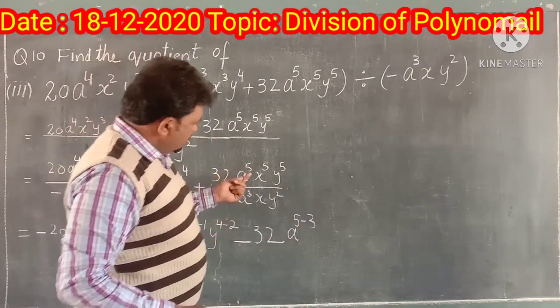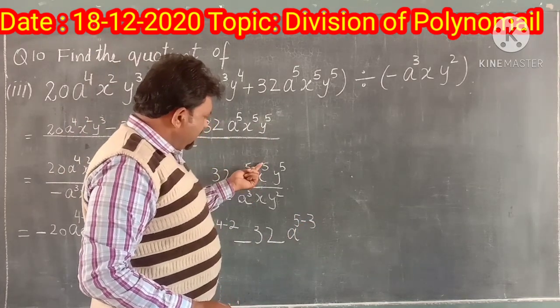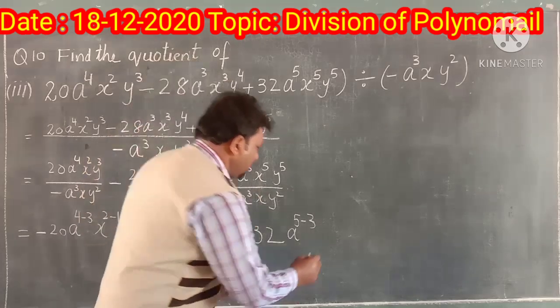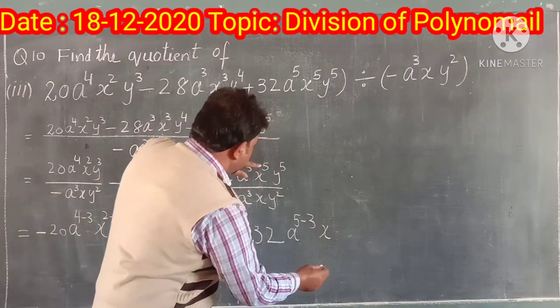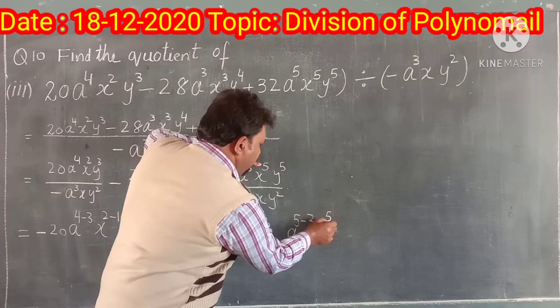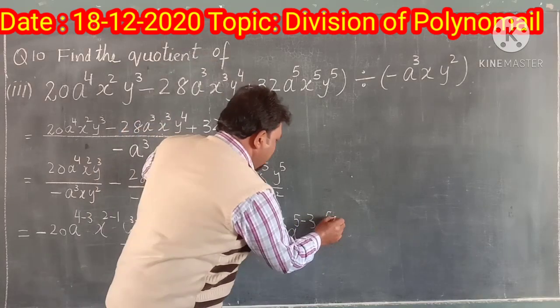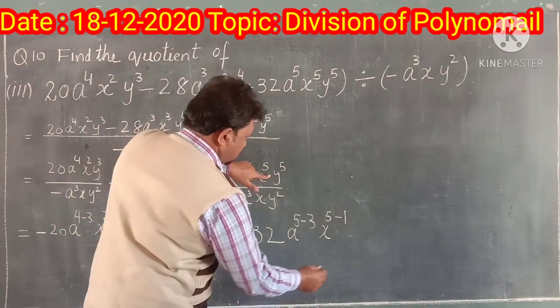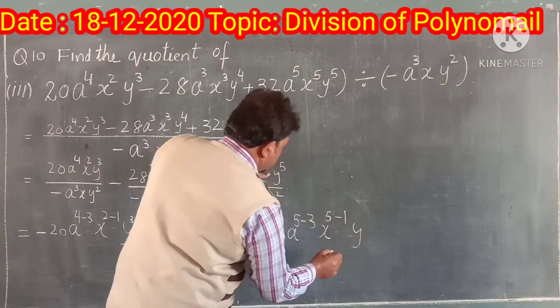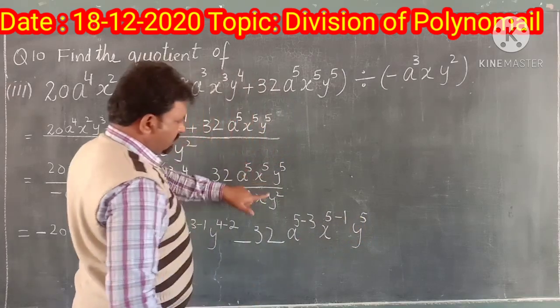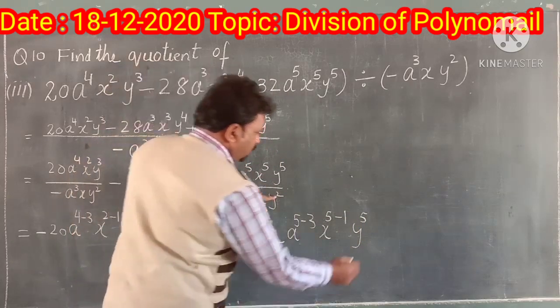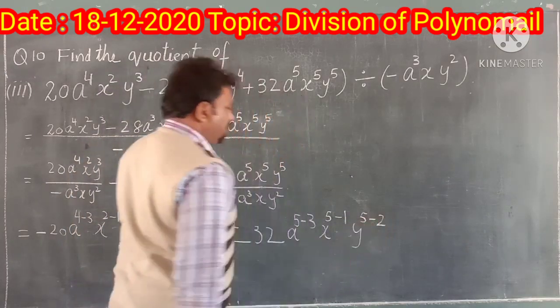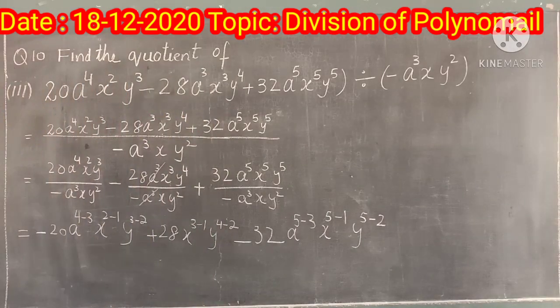Then x power 5, x power 1, so x power 5 minus 1. Then y power 5 minus 2. Okay, so now this is the final step.